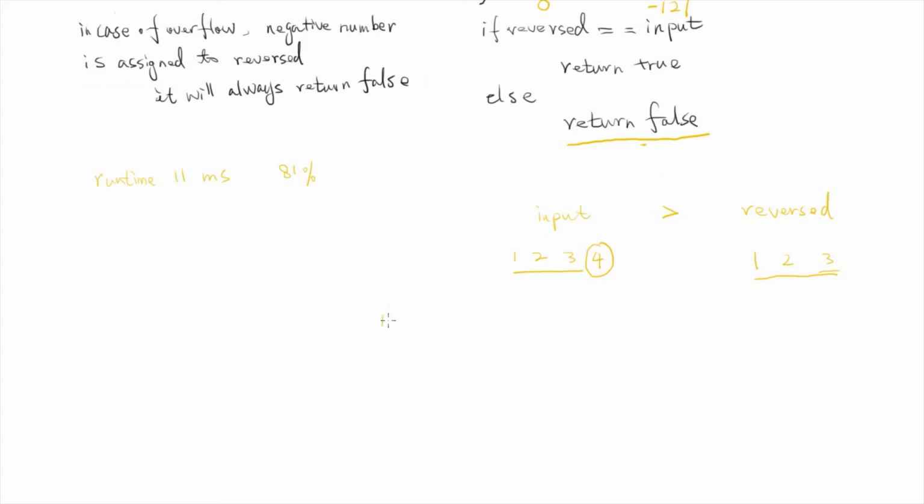The input 1, 2, 3, 4, 3, 2, 1 is a palindrome with a 4 in the middle. But our process doesn't know it should stop here. So it will continue to move the 4 from input to reversed.